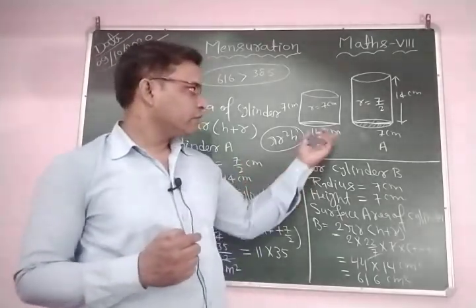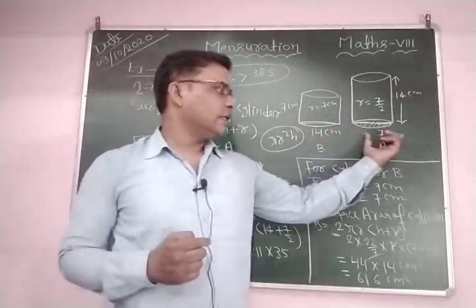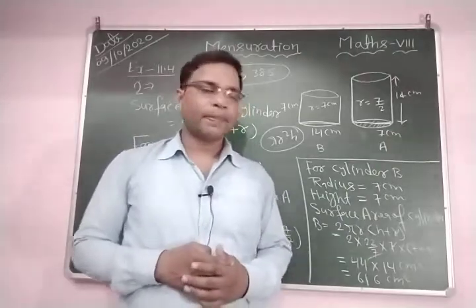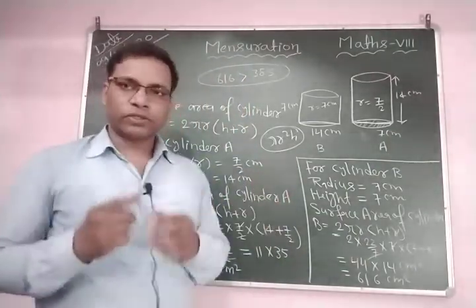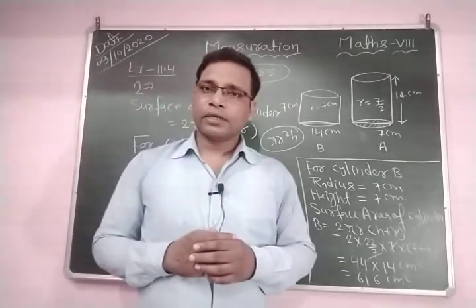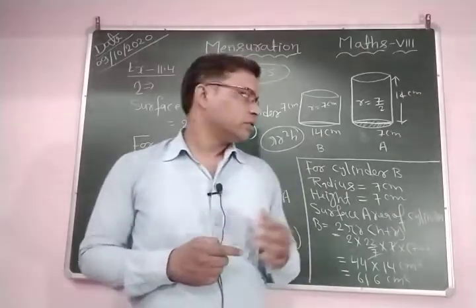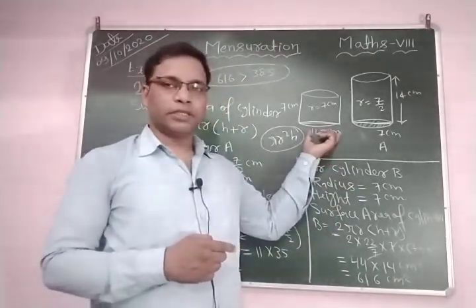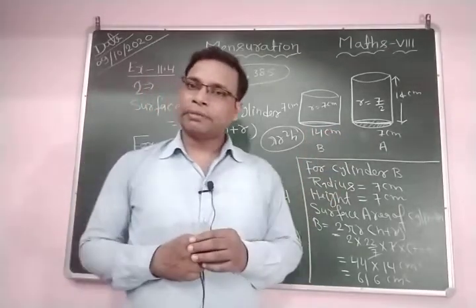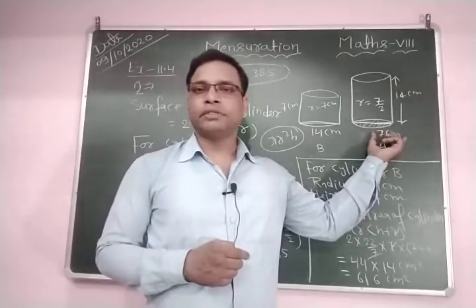Here cylinder B has diameter 14 and cylinder A has diameter 7. So first we find the radius from the diameter. Radius is equal to half of the diameter. So diameter is 14 centimeter here, so its radius is 7 centimeter, and here diameter is 7 centimeter.